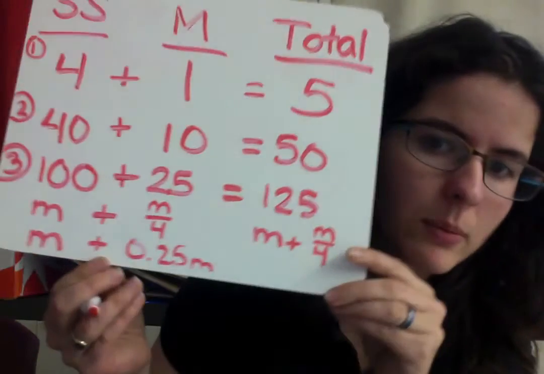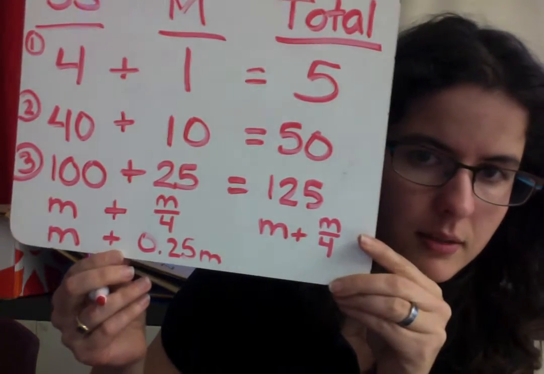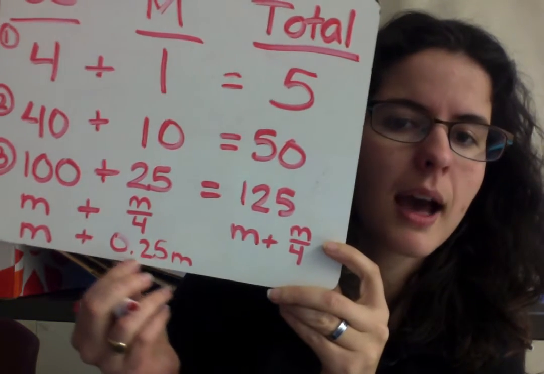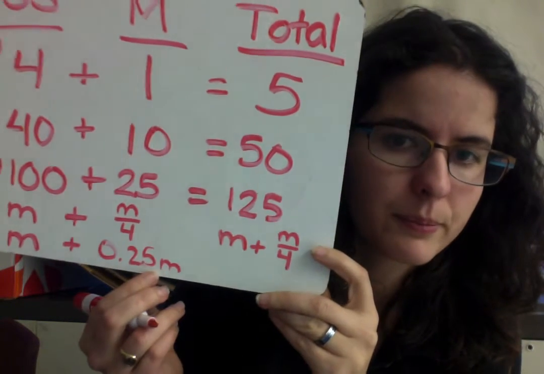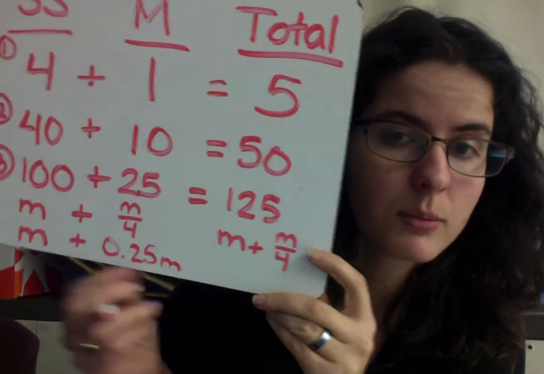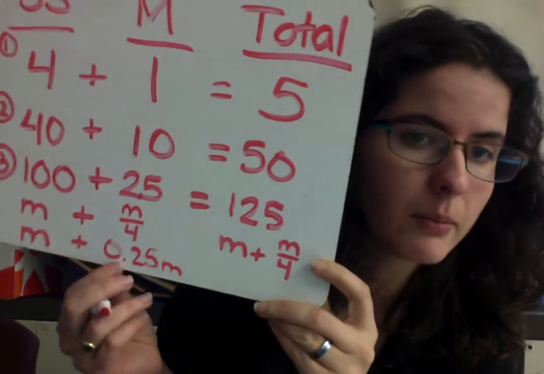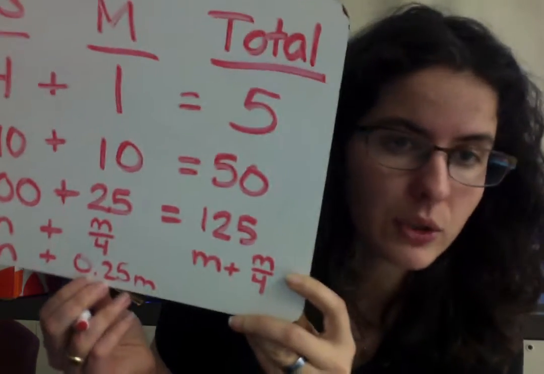So I could say M plus 0.25 M. And that would be another way that I could generalize this. Now here, if I'm looking at M, and I'm adding 0.25 M, I could combine those terms. 1M plus 0.25 M would be altogether 1.25 M.